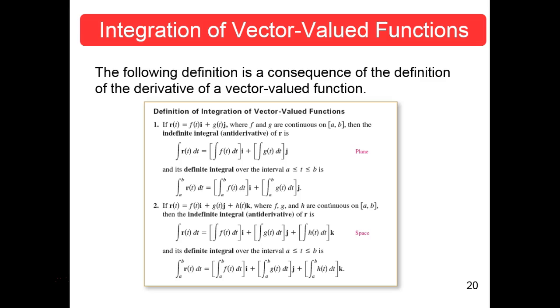Where f and g are continuous on some interval a to b, then the indefinite integral, or the antiderivative of r, is the integral of f of t dt i plus the integral of g of t dt j. And you're done.